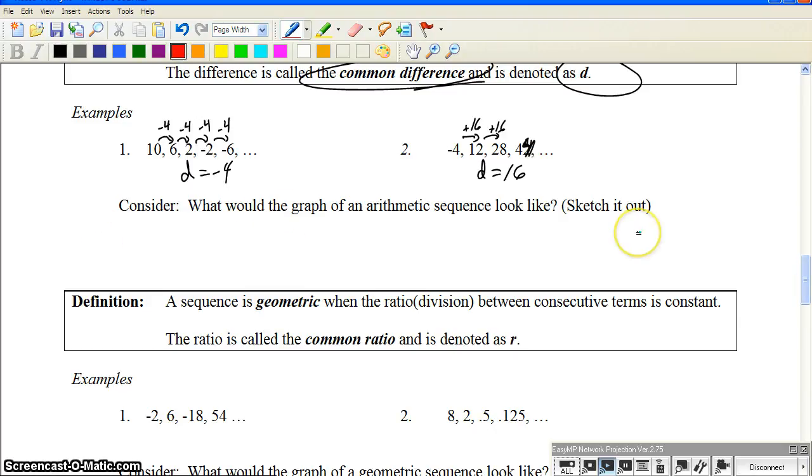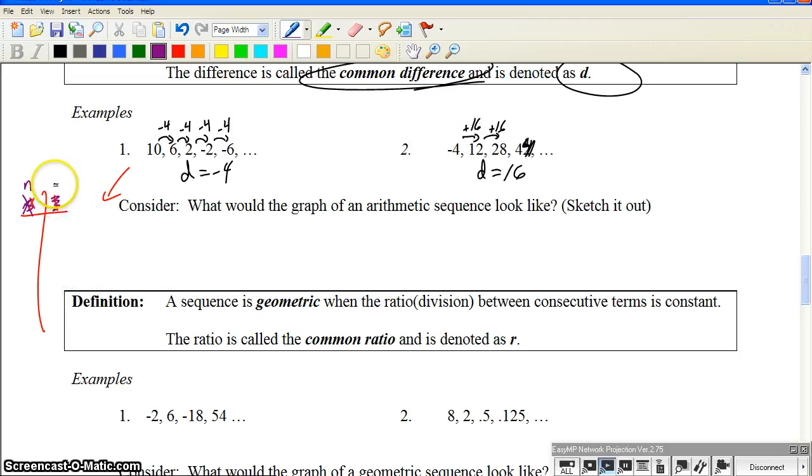Anyways, what would the graph look like in an arithmetic sequence? To get an understanding of what the graph looks like, if we make a table, an XY table, because you can graph anything with an XY table, except for the fact that we're no longer dealing with x's and y's. We're dealing with term numbers, which we're going to affectionately call n to refer to number.